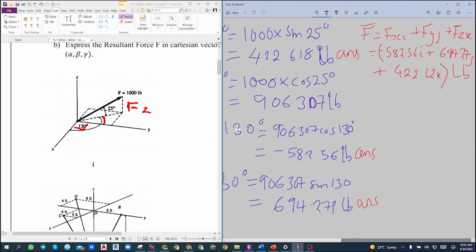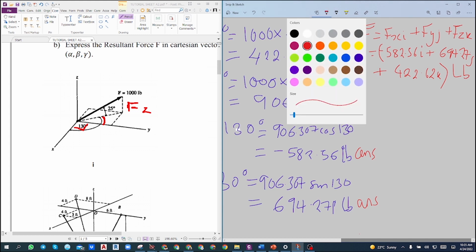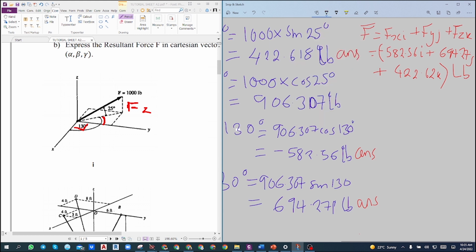Done. So this is the answer for B, the first part.